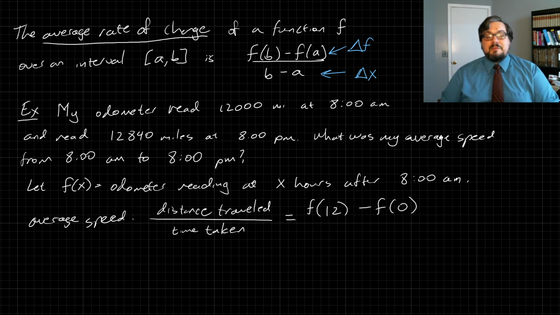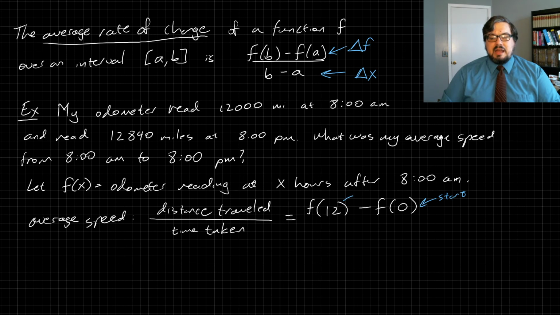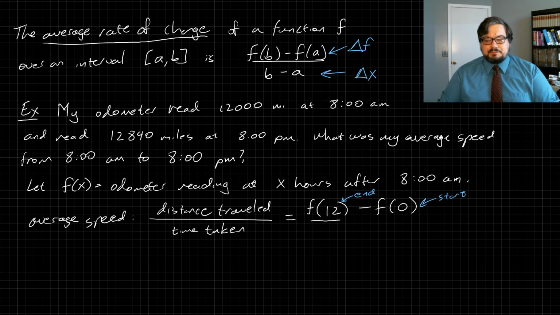Now, the beginning of the trip corresponds to an x value of 0 because at 8 a.m., we're 0 hours after 8 a.m. So f of 0 corresponds to the odometer reading at the start of the trip. f of 12 gives us the odometer reading at the end of the trip. The end of the trip happens 12 hours after the beginning of the trip. And so the difference in the two odometer readings will be the total distance that I traveled.